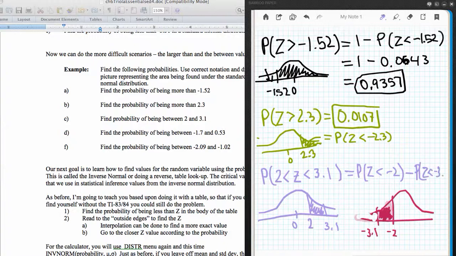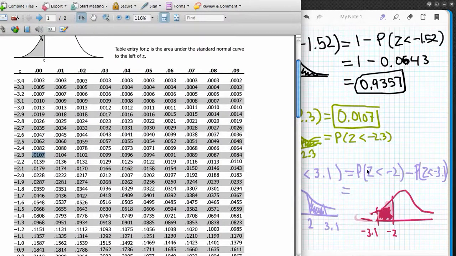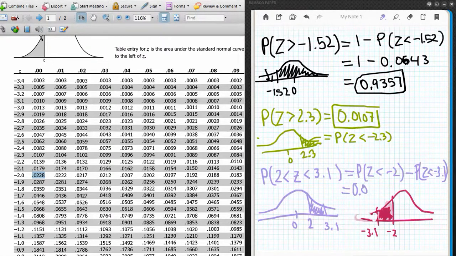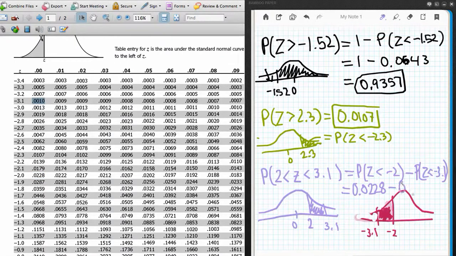And that's how I can find the probability of being between two things on my tables. So if I go over here, here's my negative 2, that's 0.0228, that's all this area that I had highlighted before. And then I find the probability of being less than negative 3.1, that's that value, 0.0010, and that's what I'm subtracting out here to leave me what's in between them.